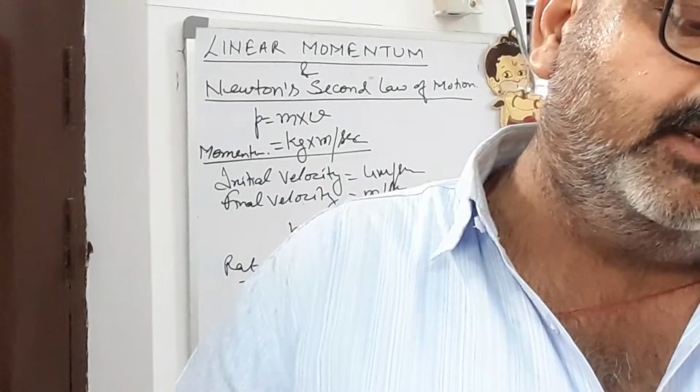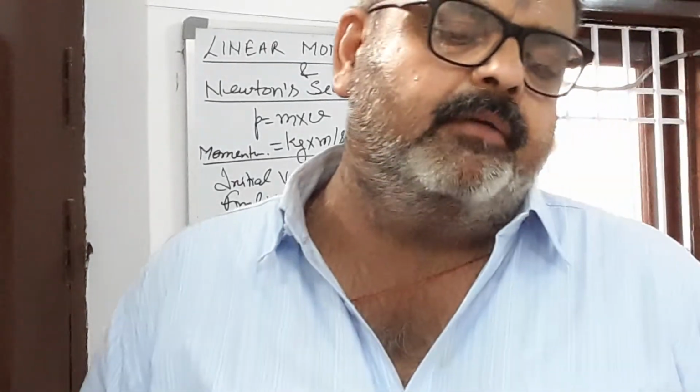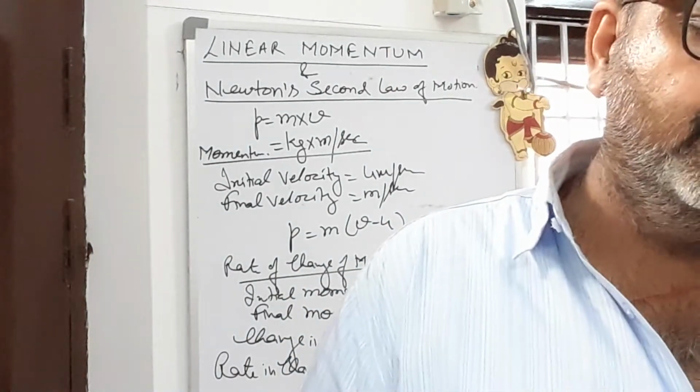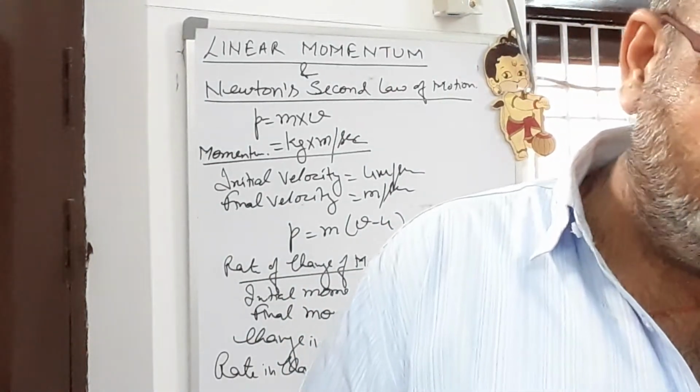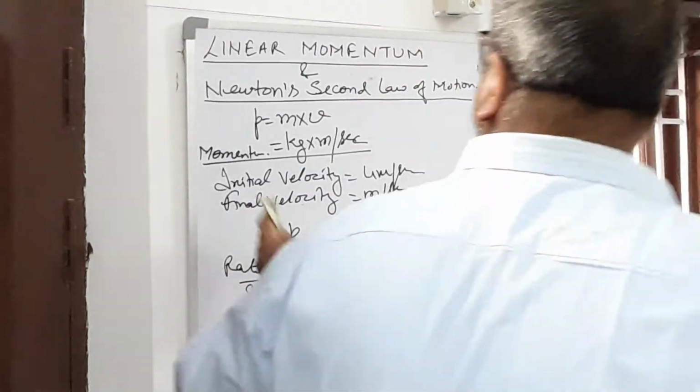On the basis of experiment, Newton concluded that the acceleration produced in a body of a given mass is directly proportional to the force applied. When we plot a graph between acceleration and force, it gives a constant line.